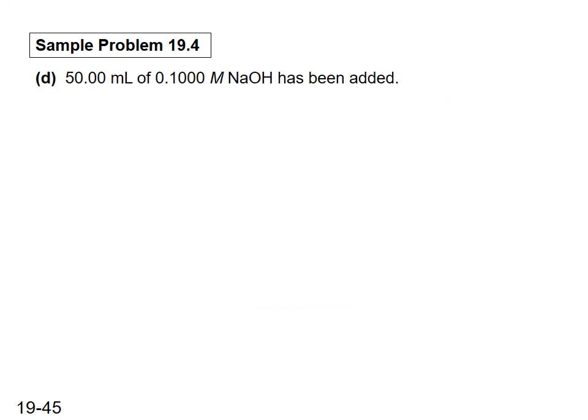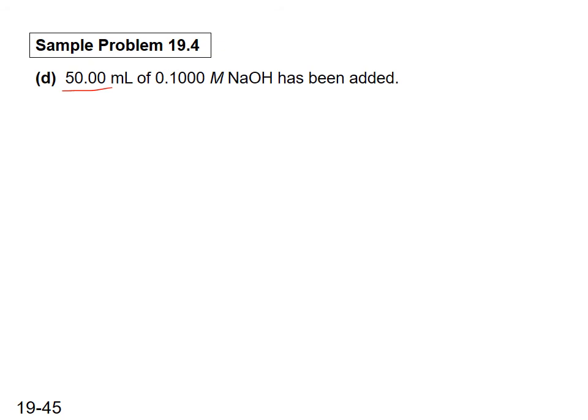Next, when 50 milliliters of sodium hydroxide has been added, what is the pH? Well, 50 milliliters is more than 40 milliliters, so it's past the equivalence point, and there is an excess amount of sodium hydroxide in the solution. So we need to calculate the excess amount of sodium hydroxide.